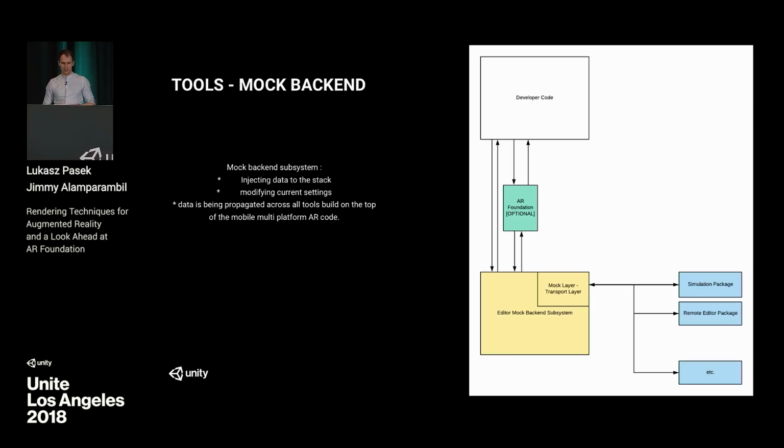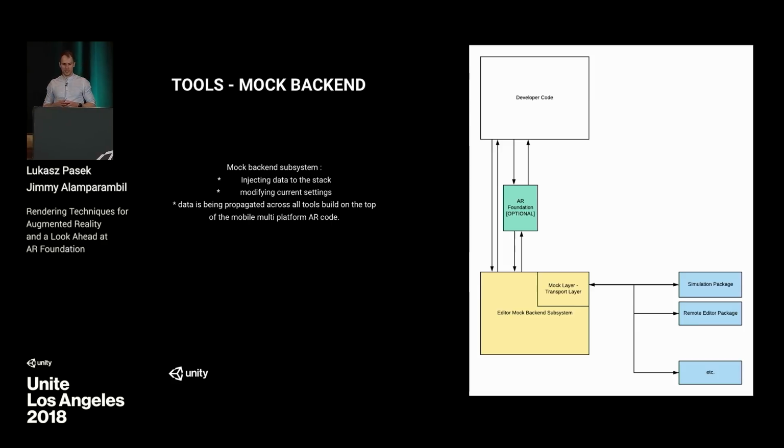Let's start with the mock layer, which is a backend running under the AR Foundation. If you think about the mock backend, it's the yellow block on that scheme. It works between the tool using it and the entire user's code, including AR Foundation.